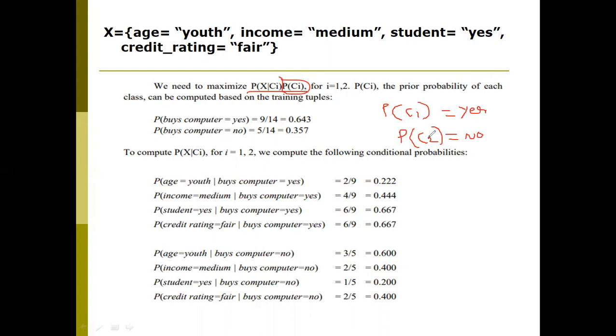From the data set, we are going to calculate the probabilities of these two class labels, right?